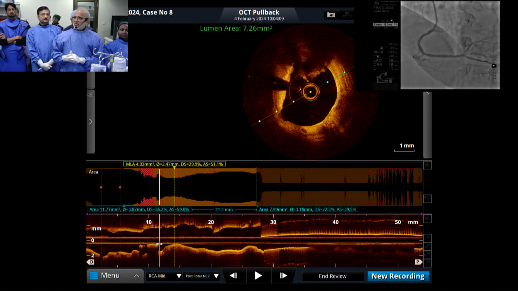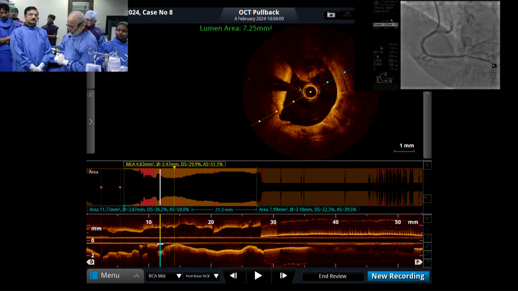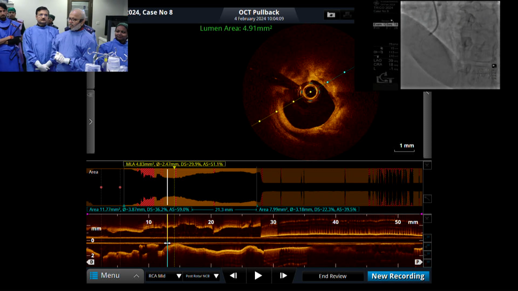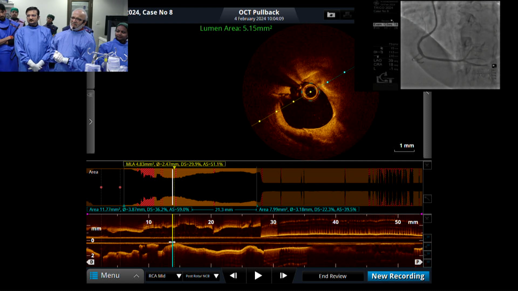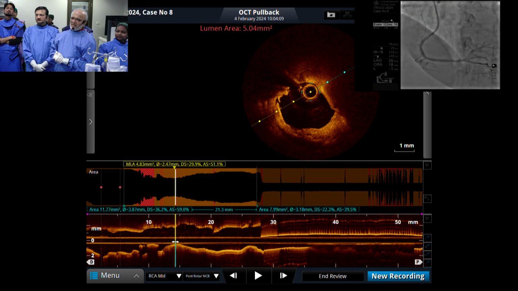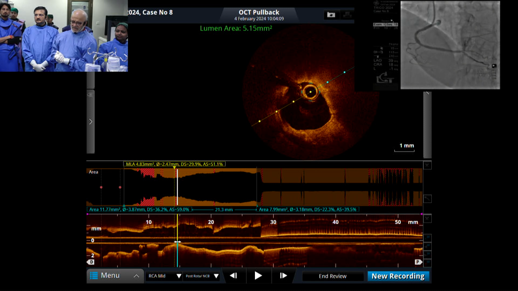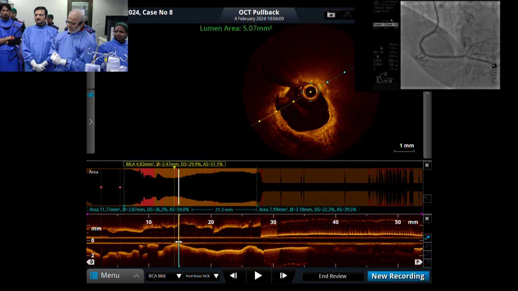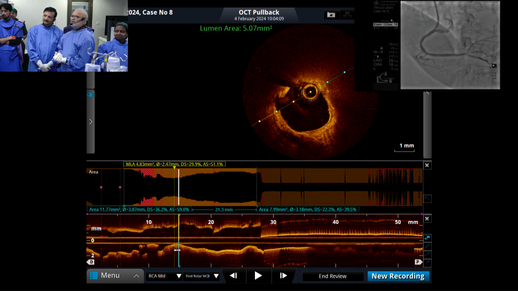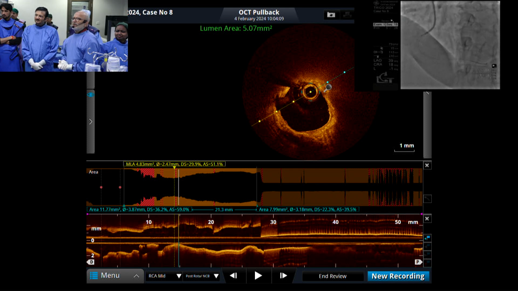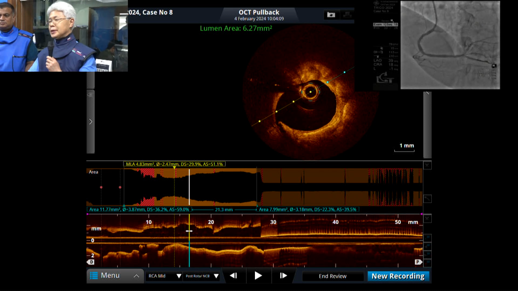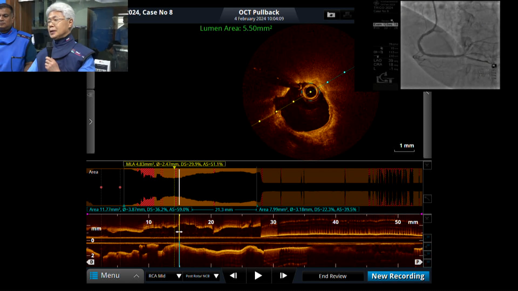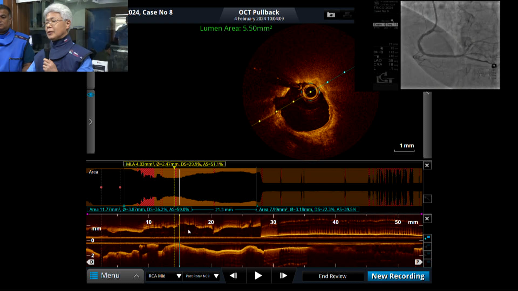So, sir, on that thought, do you intend to combine IVL with post-rotablation? It's a good question. I think IVL, in this case, I am not sure how much it is going to help. We leave it up to Professor Akasaka. Yeah, IVL might be effective for this very thick calcium, so the combination makes it a little bit better for the severely calcified lesion.